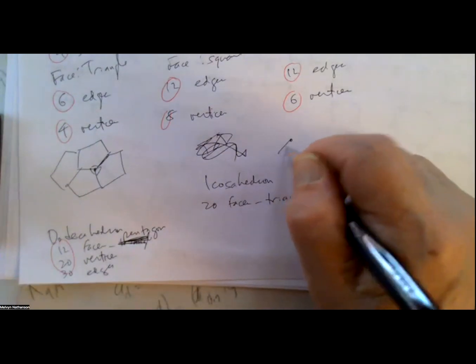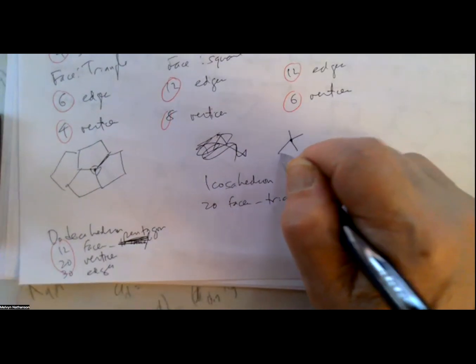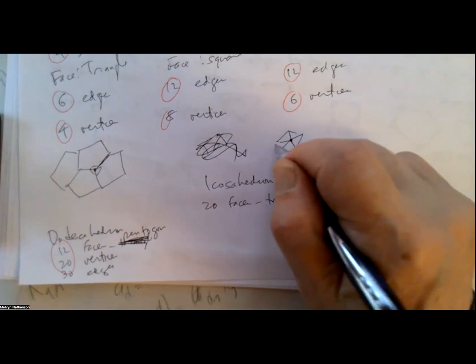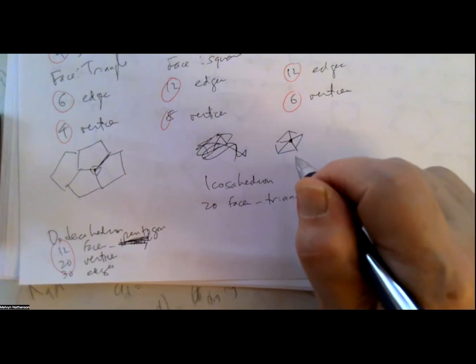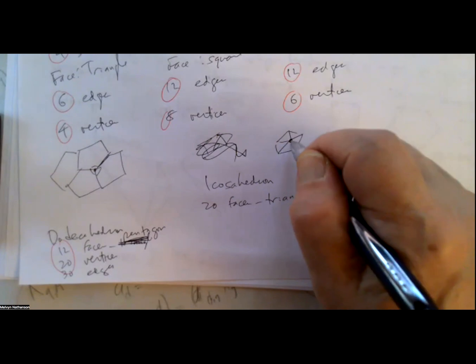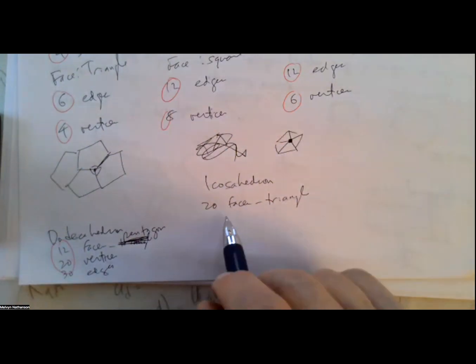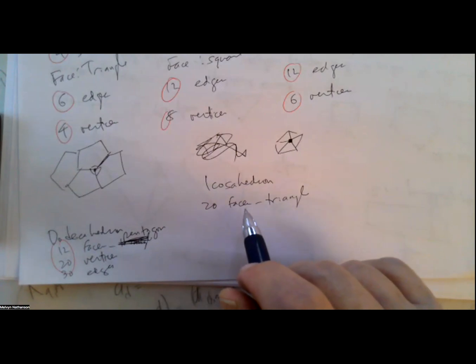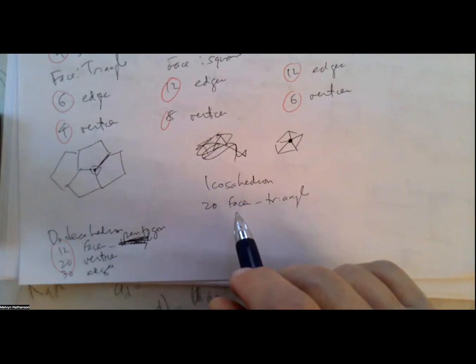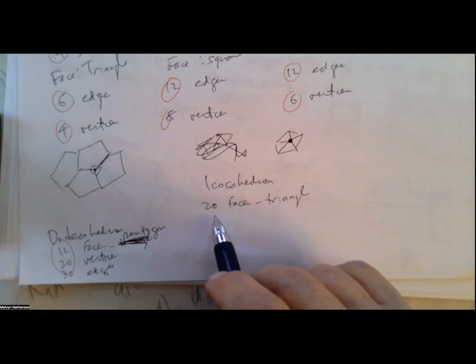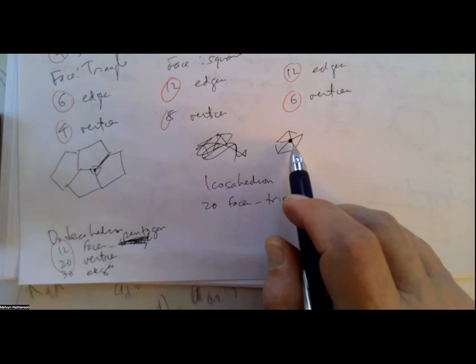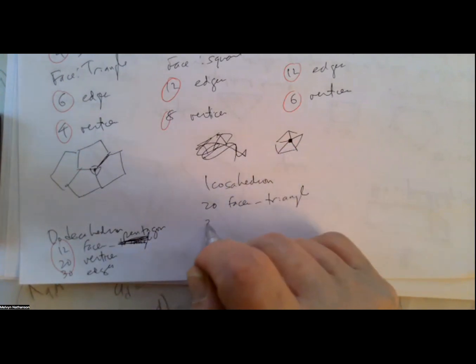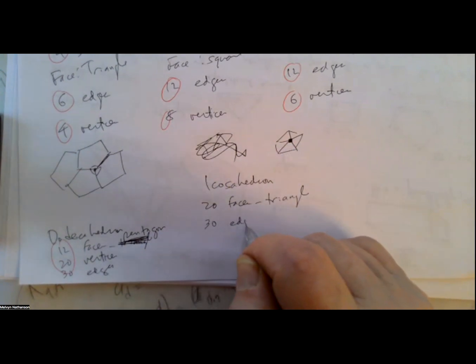And at each vertex, you have 5 triangles meeting at each vertex. Now, if you have 20 faces and each face is a triangle, each face has 3 edges. So you have altogether 60 edges on the triangles separately, but they come together in pairs. So you end up with 30 edges.